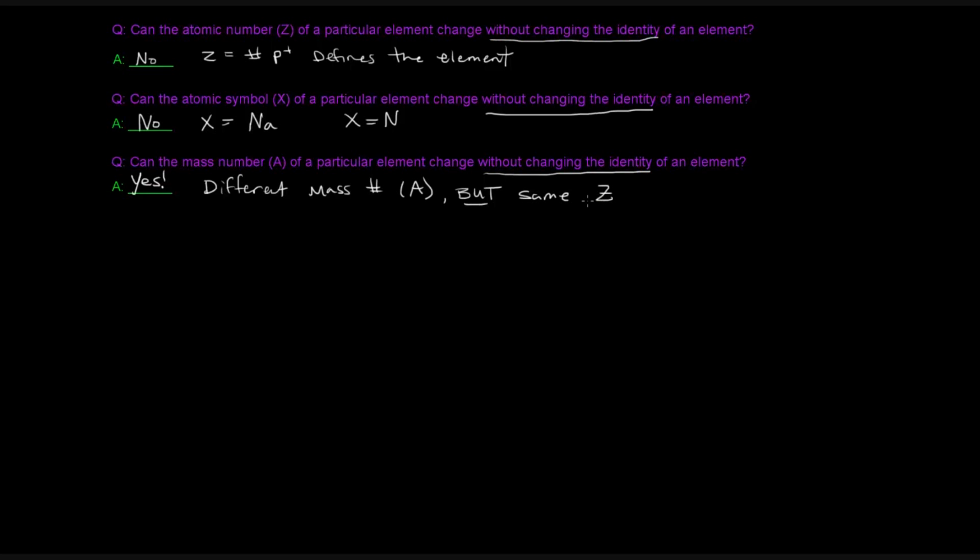What would that mean? That would mean that you'd have a different number of neutrons. We'll talk more about that later. If this is the case with an element that you're talking about, you have what's called an isotope. Isotope. This is something that's pretty important, and we'll see this in the next video.